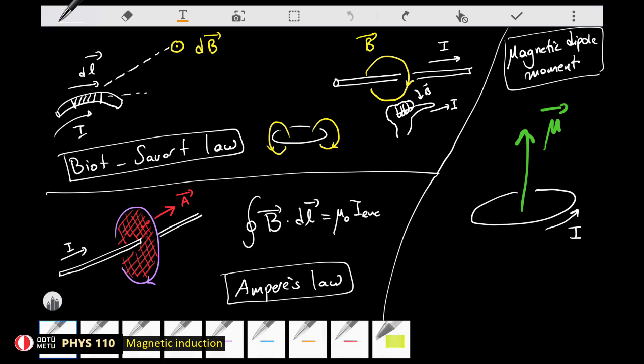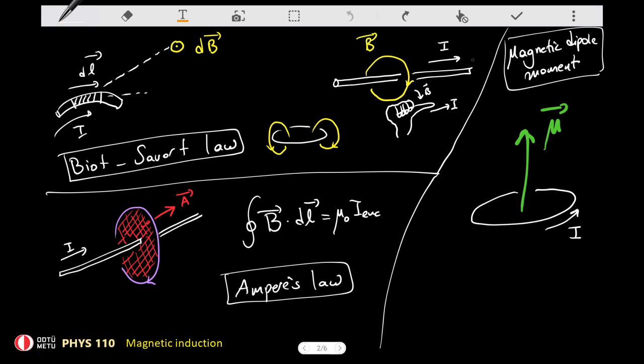I think I'm going to choose this white color. So, for example, the magnetic field produced by a wire. Let's just remember, if our thumb is in the direction of the current, then four fingers show the direction of the magnetic field. Or in the case of a circular loop of wire, the places change.